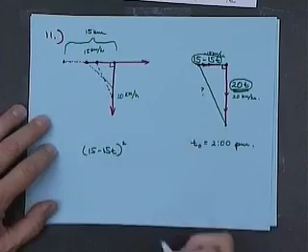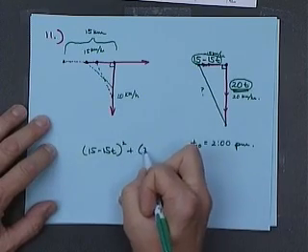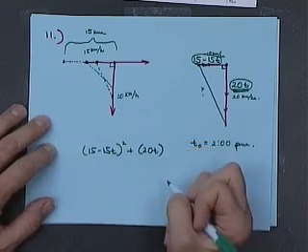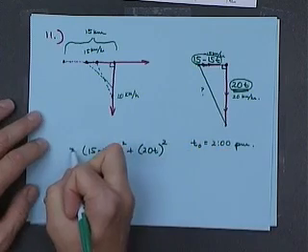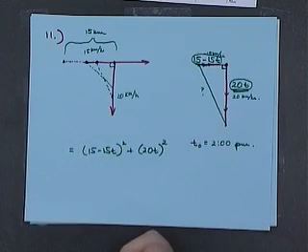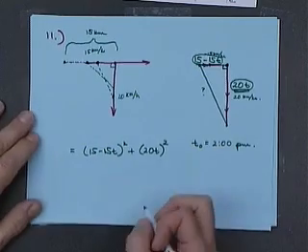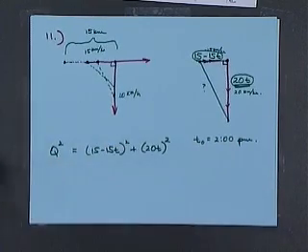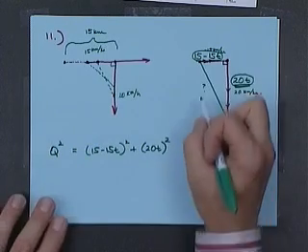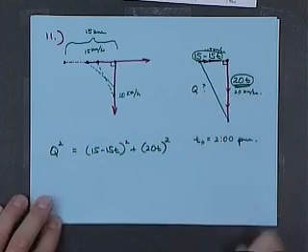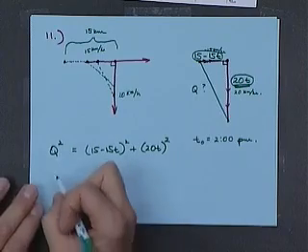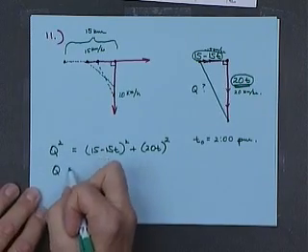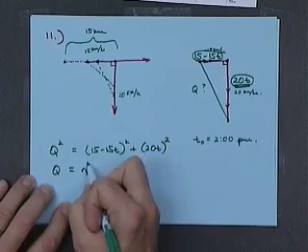One leg squared plus the other leg squared, and that is this distance. I don't want to use d because we're going to take the derivative of it. So let's just call it, I don't know, q. That's the quantity q squared, where this is q, the hypotenuse. q would actually be the square root of that.